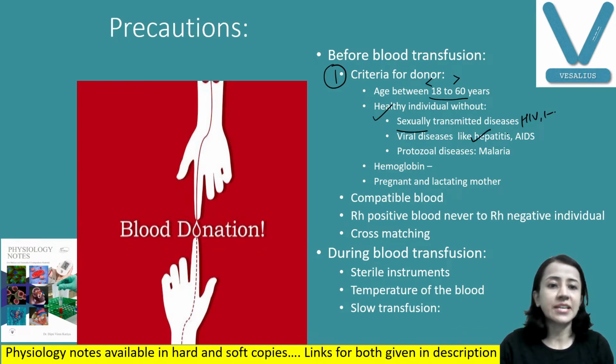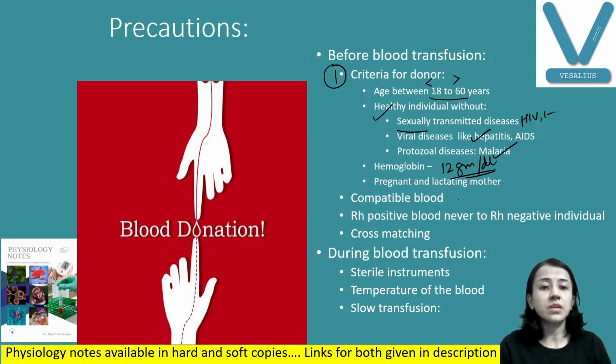Protozoal diseases like malaria are also contraindicated for blood transfusion. The hemoglobin concentration of the person donating must be a minimum of 12 gram per deciliter, otherwise his or her own hemoglobin falls. Pregnant and lactating mothers are not advised to donate blood.